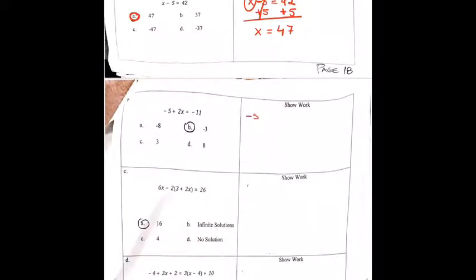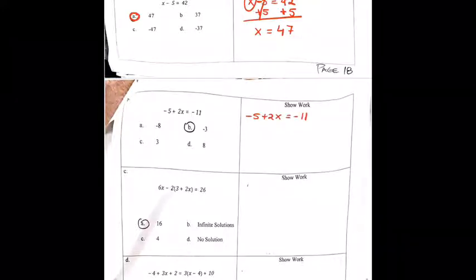Next one, I have negative 5 plus 2x equals negative 11. This is a two-step equation. And the first thing I need to do here is isolate the term with a variable in it. My variable term is 2x. That means I need to get rid of this 5.